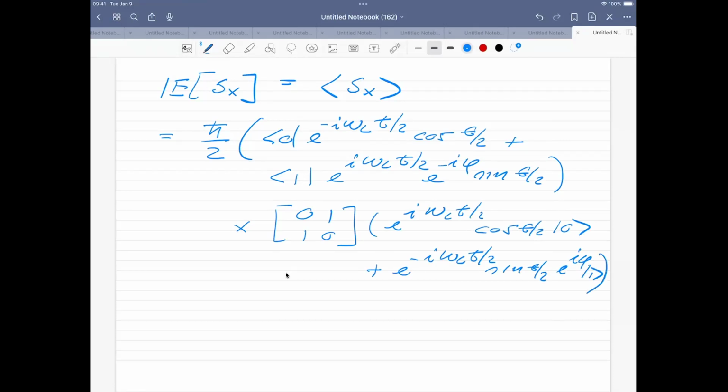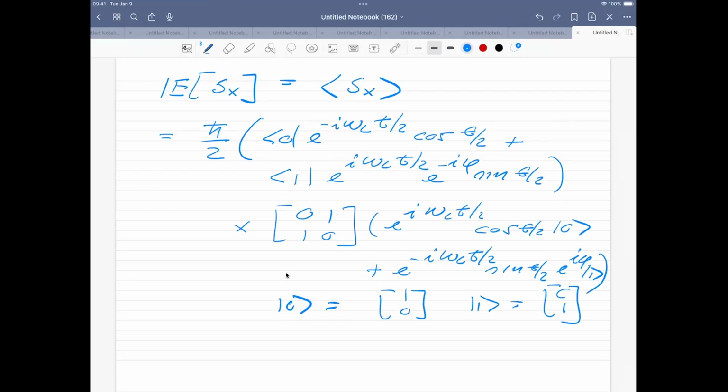And then we remember that 0 and 1 are just given by 1, 0 and 0, 1. So this is now just us having to perform the right operations here. I'm not going through all the intermediate steps, so I hope you can forgive me if I don't do all the boring linear algebra here.